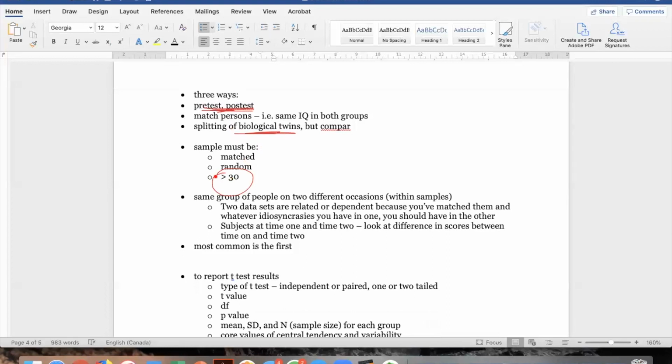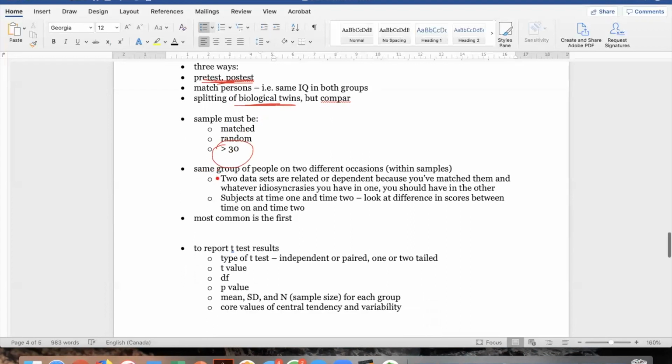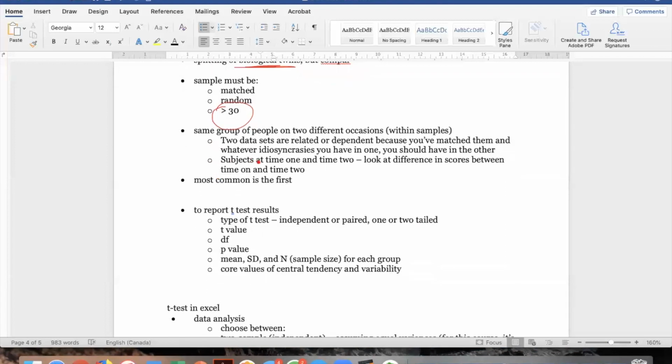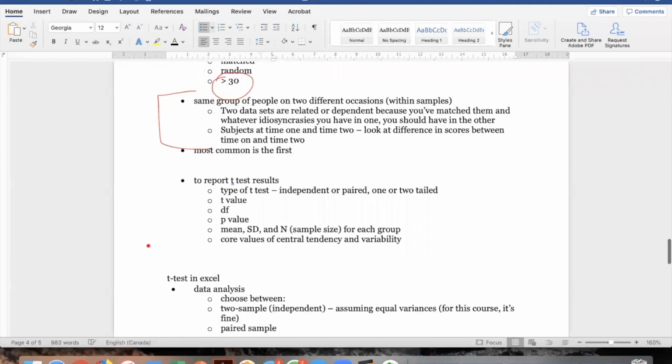Small sample sizes are a really good thing to talk about in all of your assignments, because it's not a huge sample size, so a lot of this is not necessarily generalizable. You might have a high significance, but that doesn't necessarily mean it's generalizable to the population because you have such a small sample. So this is your pre-test, post-test.